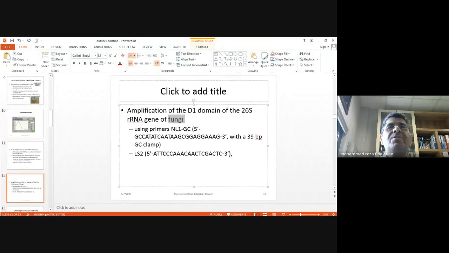Here we have two other primers, NL1 GC and LS2 GC. These are the forward and reverse primers for amplification of the D1 domain of the 26S rRNA gene of fungi.